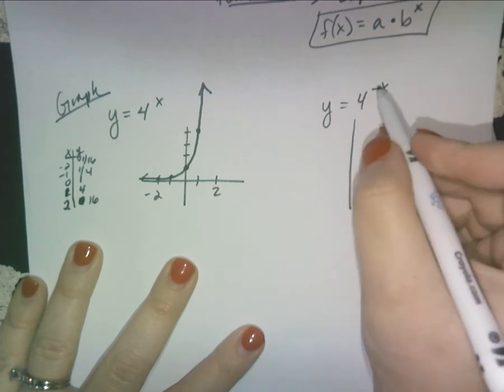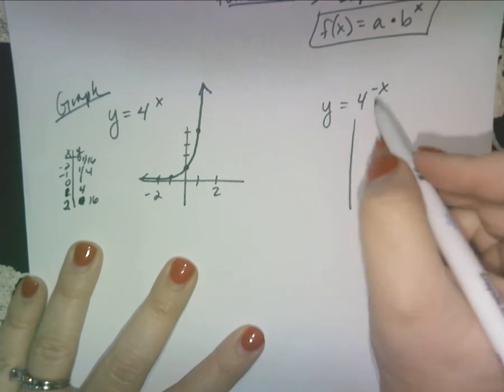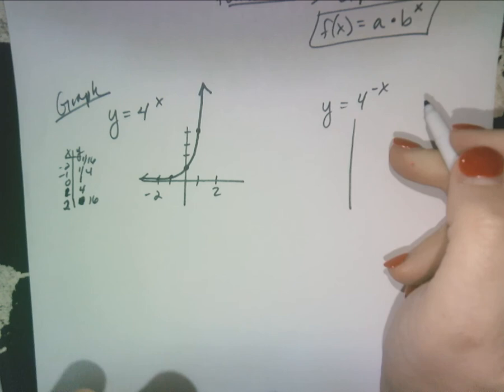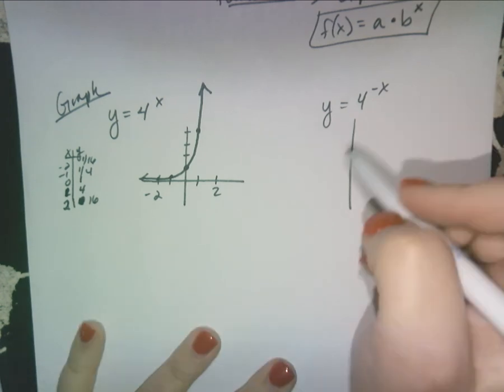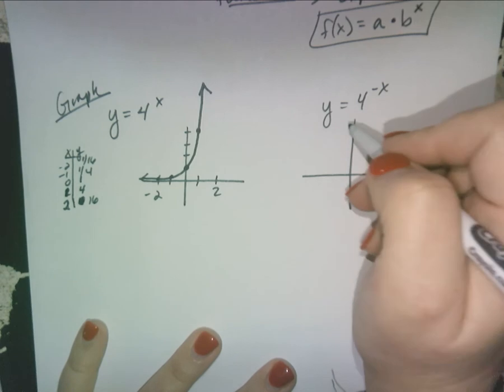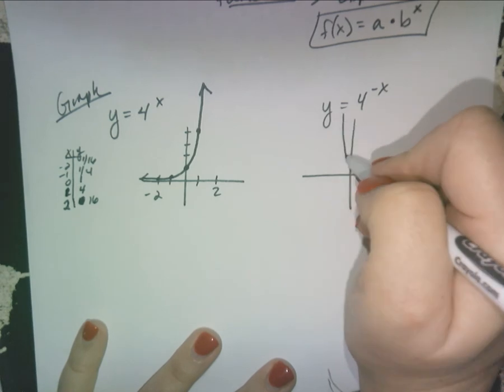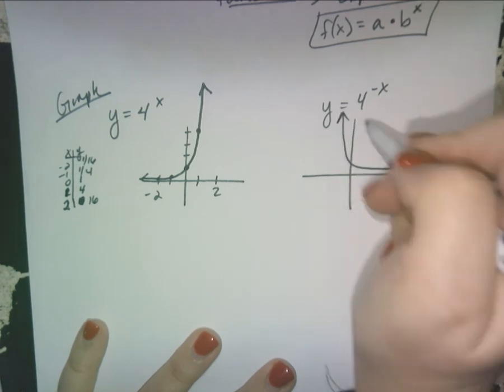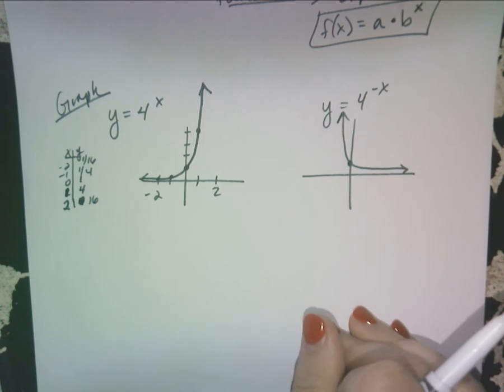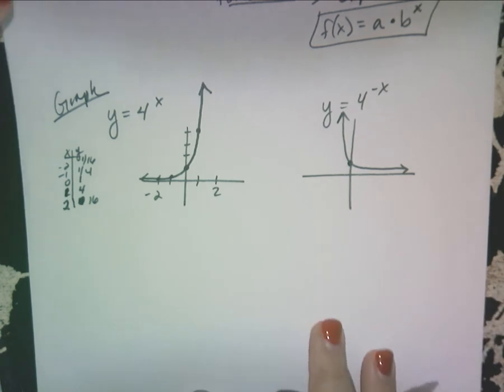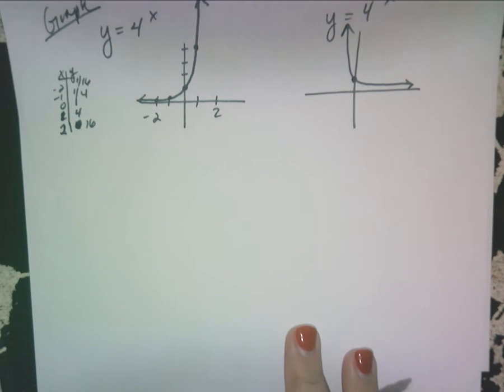When you have a negative inside the parent, you flip over the y. If you're outside the parent, you flip over the x. So it would look pretty much the same except go like that. If you want to draw a table for that one, you can.